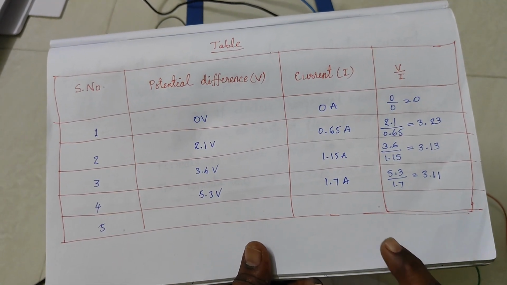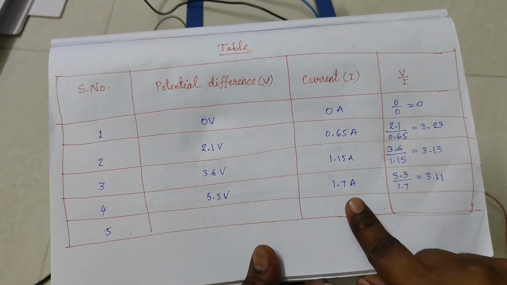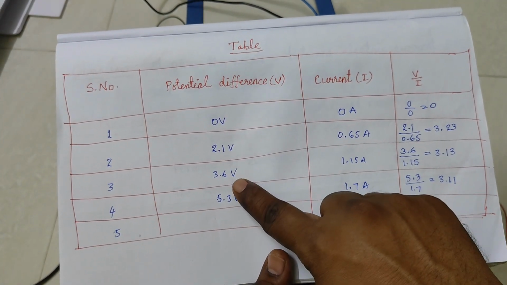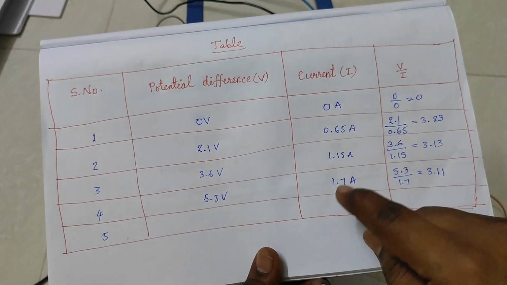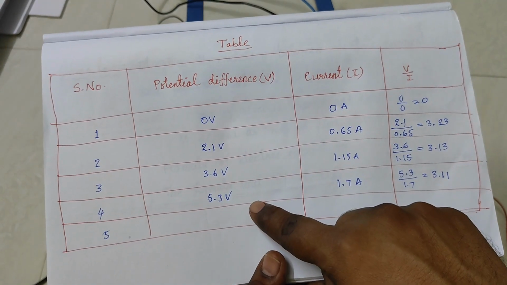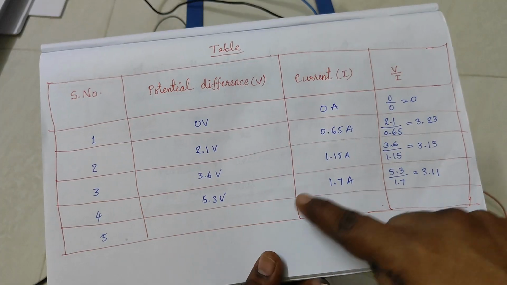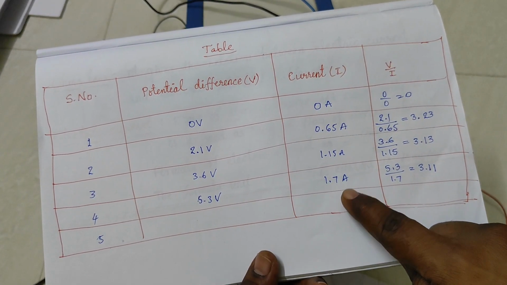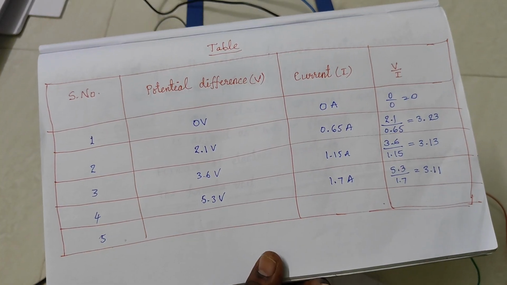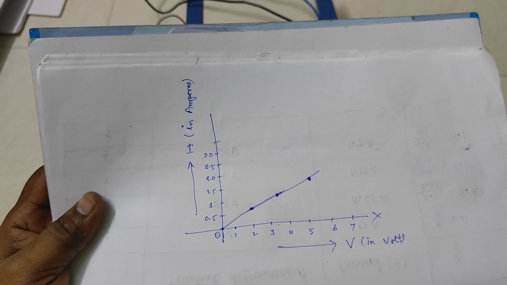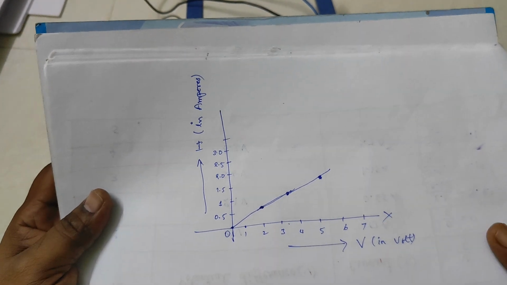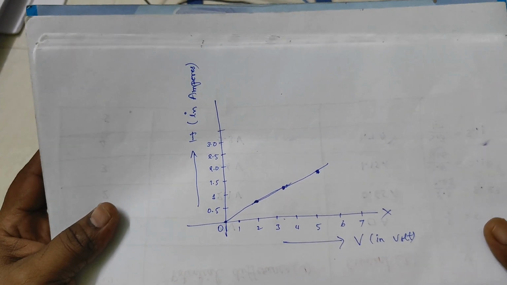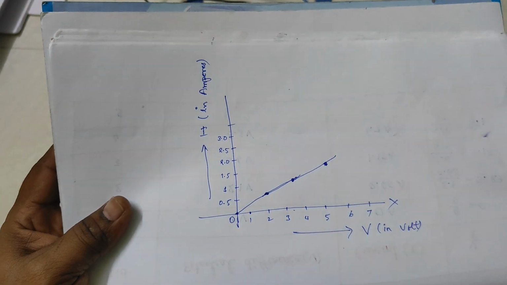Now we can draw a graph for this table, the current versus potential difference graph. We will plot the potential difference on the x-axis and the current values on the y-axis. As you can see here, the graph is approximately a straight line passing through the origin.